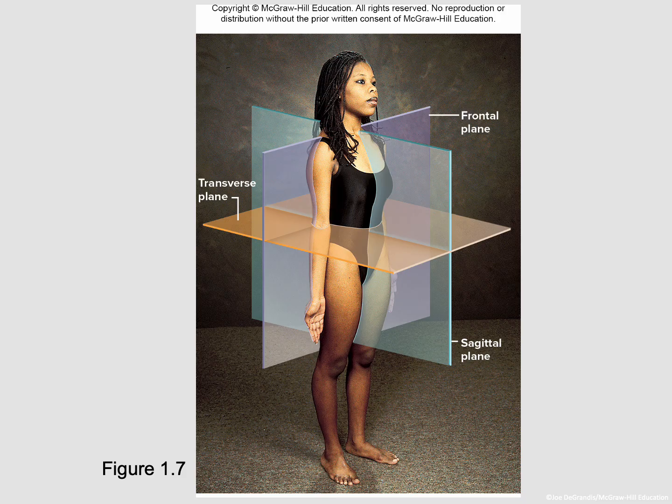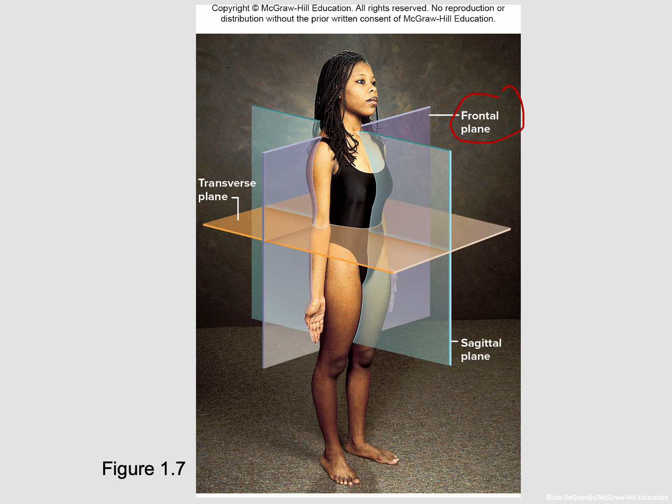Next, we will go over different planes that divide the body into different portions. First of all, we've got the frontal plane or coronal plane. It basically divides the body into anterior and posterior portions.